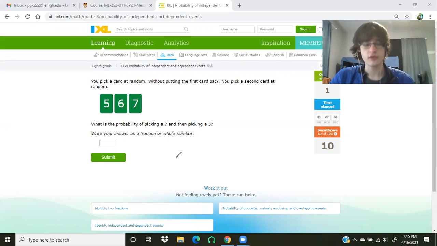So let's construct the probability fractions again. Our first fraction, what do we want? How many outcomes do we want? Well, we want a 7. That's one outcome. And how many total outcomes? How many total cards possible? Well, there are 3.